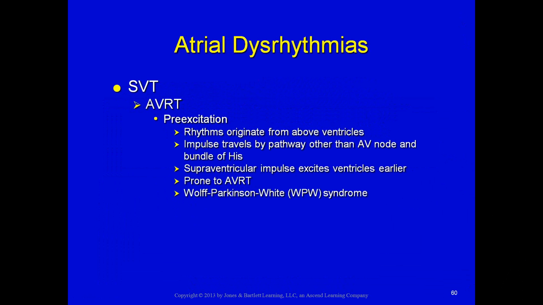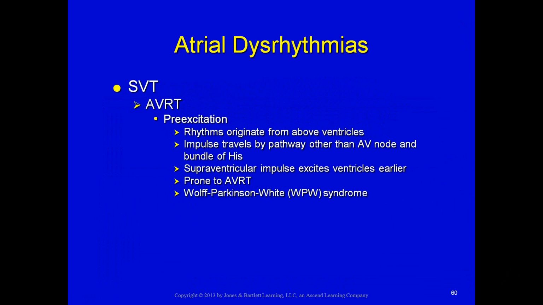AV reentrant tachycardia is termed a pre-excitation dysrhythmia. The rhythm, again, originates above the ventricles. The impulse travels by a pathway other than the AV node, and as a result, the supraventricular impulse excites the ventricles earlier than what they should, and it causes a rapid heart rate.